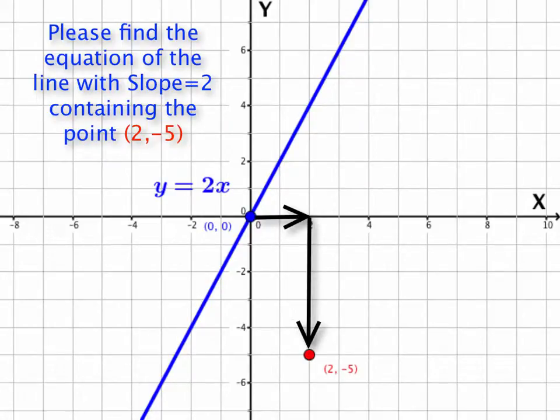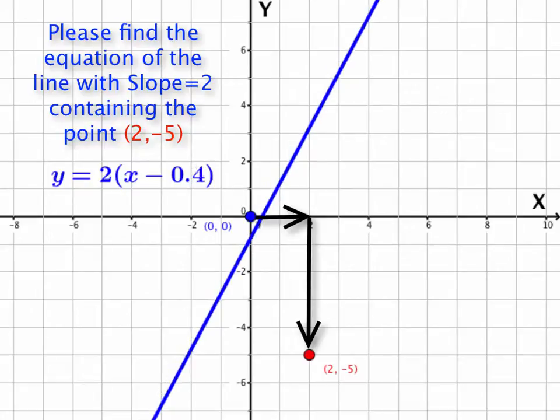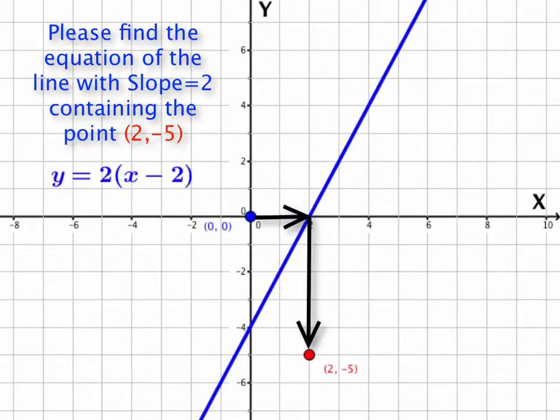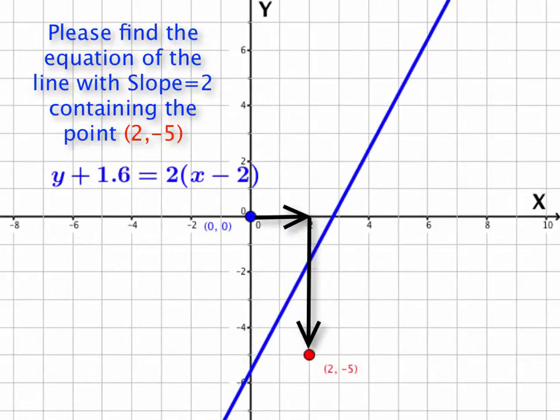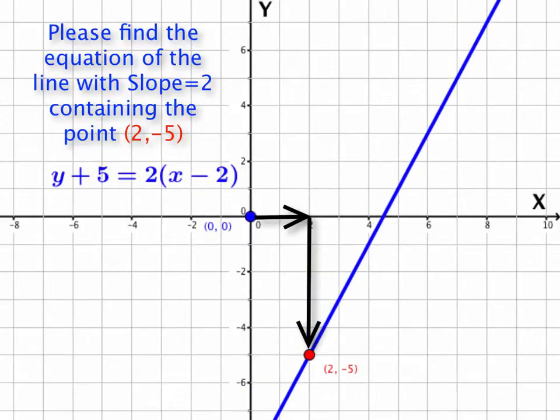If we want to move our graph to the right 2 units, all we need to do is replace the x in our equation with an x minus 2. And if we wanted to shift our graph down 5 units, all we need to do is replace the y in our equation with a y plus 5. And so we end up with the equation y plus 5 equals 2 times the quantity x minus 2.